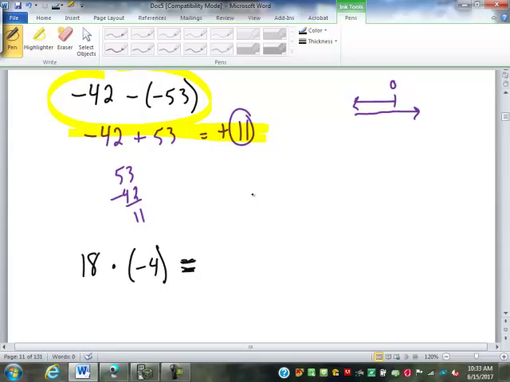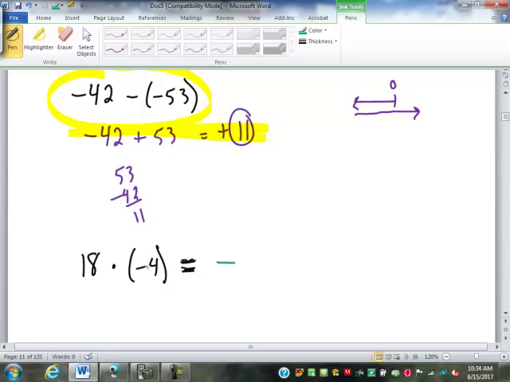So I'm going to assume you guys can do that part. What I'm doing here is just the reasoning behind it, so if you're caught without a calculator, you know what to do, or you can do that estimate to know what to expect out of your calculator. So here, 18 times negative 4. The first thing I want to answer is, do we expect this to be positive or negative? Negative. A positive times a negative is a negative.